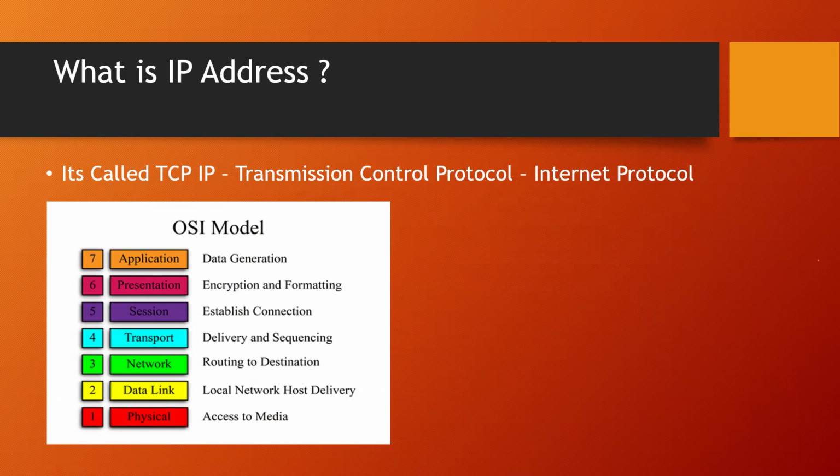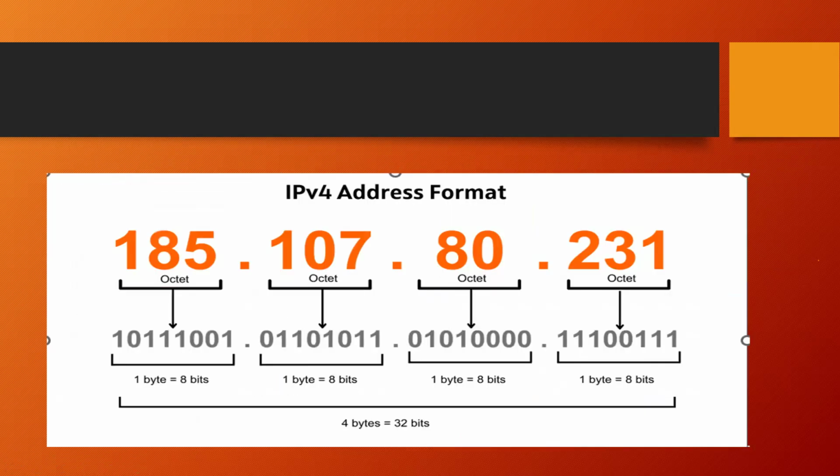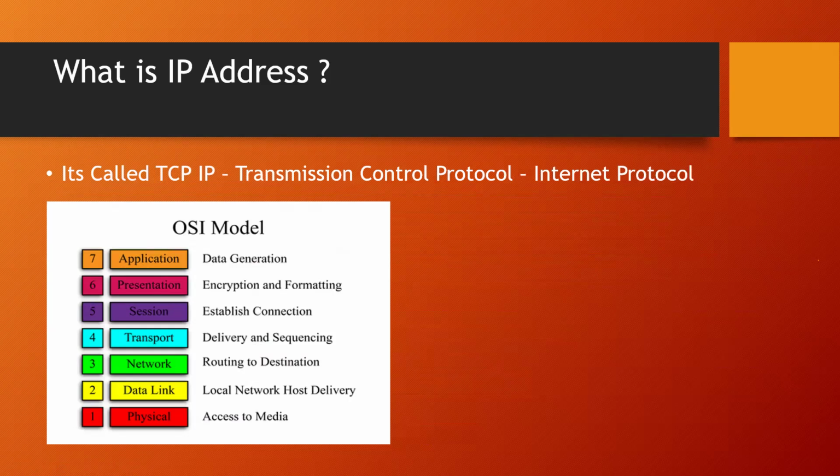So you can see it directly gives routing to the destination, meaning source and destination are going to be involved with IP addresses. We can say TCP/IP ensures error-free delivery and no packet loss.